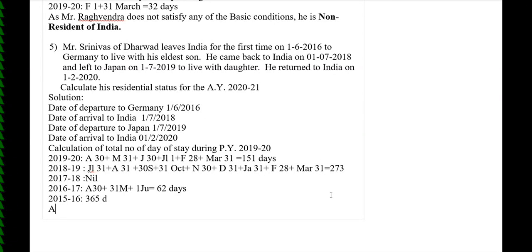So now let's write down here, as Mr. Srinivas satisfies, as Mr. Srinivas stayed for 365 days or more, or you can also take the sum of this 273 plus 62 plus 365 days, it will be 700 days.